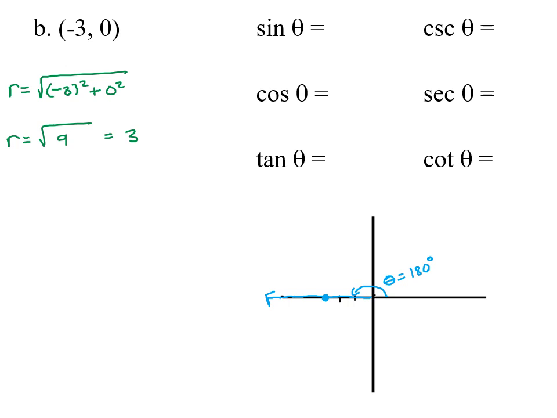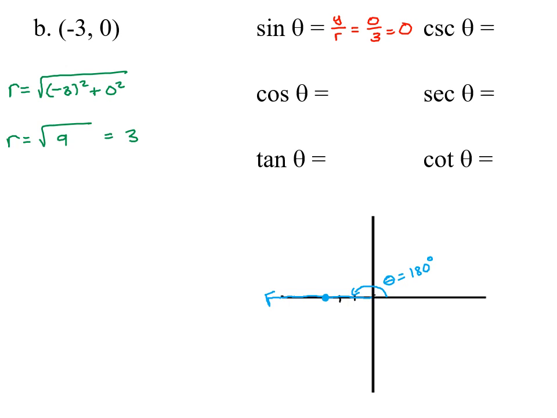It's just that sometimes, because of that 0, we're going to get some things that won't work out very well. So your sine is y over r. Well, the sine is y being 0, and the r would be 3, so you get 0. And you can actually test this one in the calculator if you want to. If you pulled your calculator out, typed in sine of 180 degrees, it should give you exactly 0.